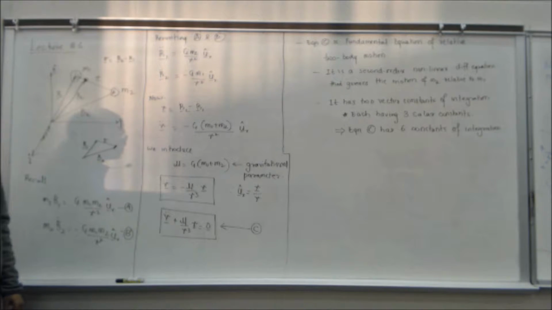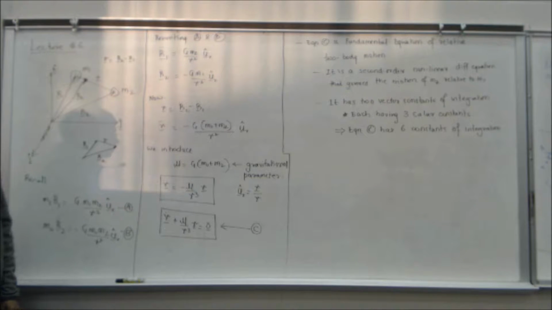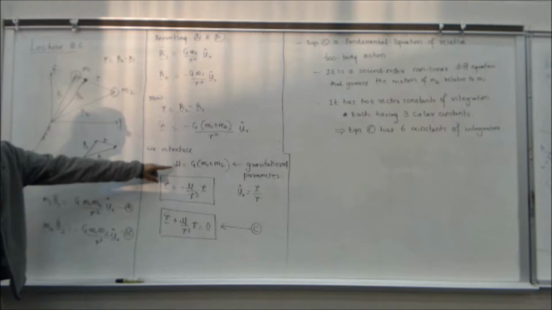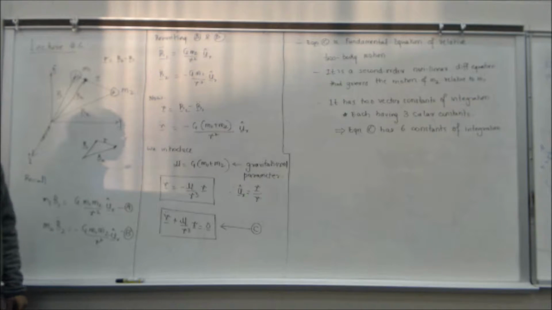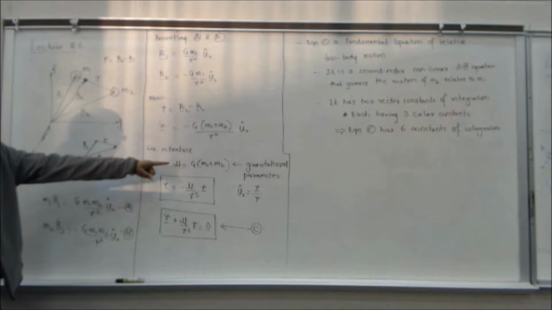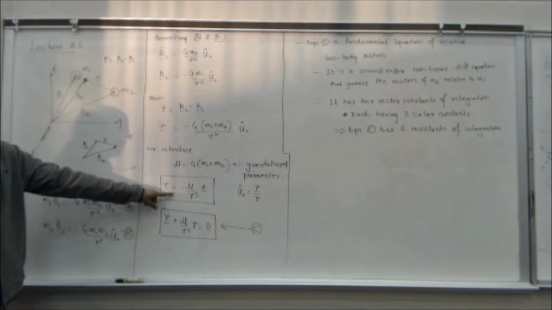G is the gravitational constant. Mu is called the gravitational parameter. So mu is simply G times M1 plus M2. And if we substitute back this mu in there, you're going to get this.